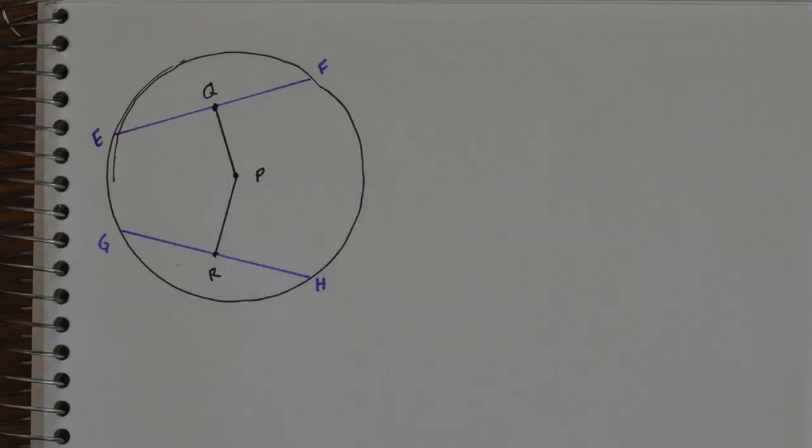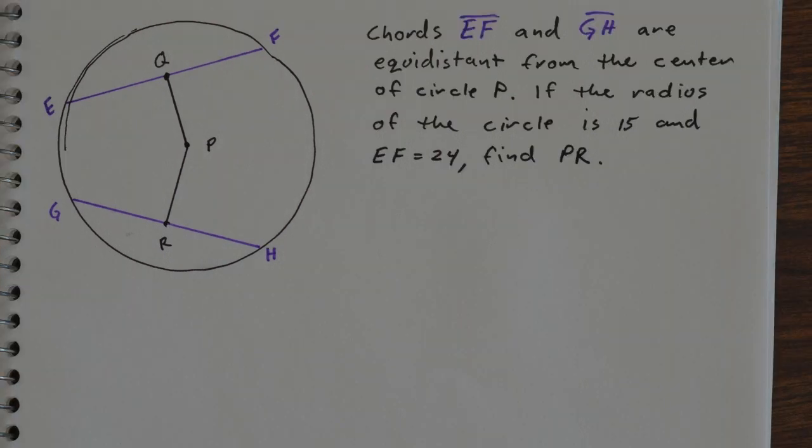The next example, it's kind of crummy with the drawing, sorry about that. Let's say that chords EF and GH are equal in distance from the center of the circle. The radius is 15, EF is 24, and we want you to find PR. So let's figure out what we know, figure out how to get to what we want.